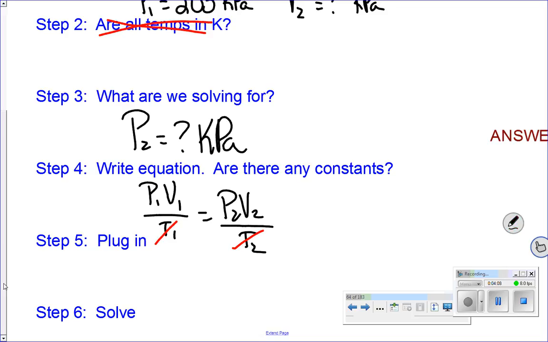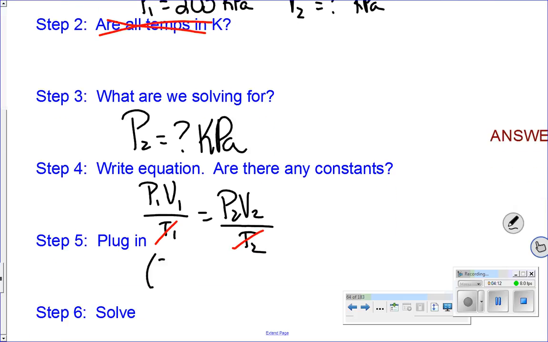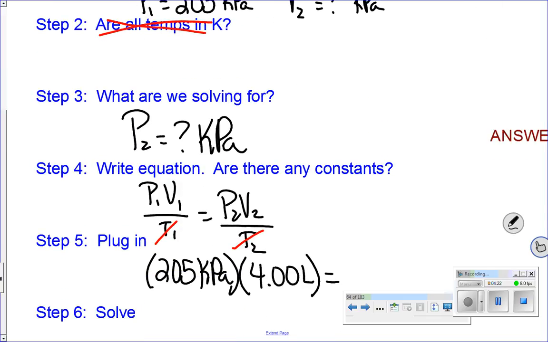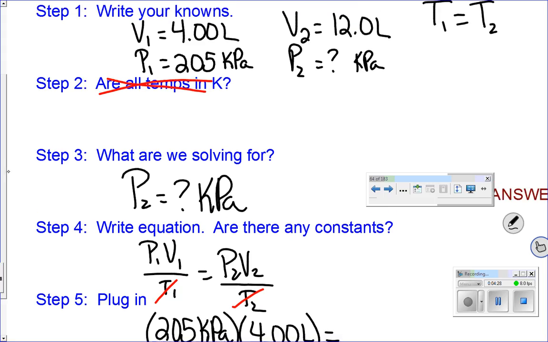So now we can just plug in our P1, it's 205 kPa. Our V1 is 4 liters. Our P2 is our X, we don't know that.